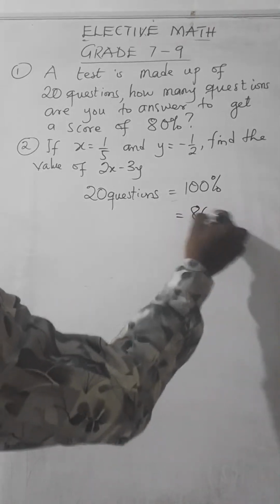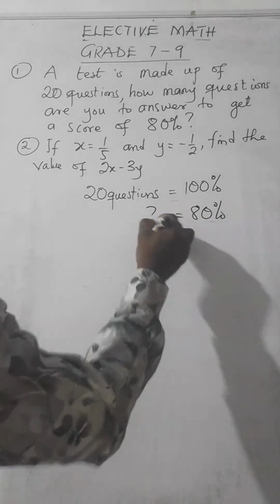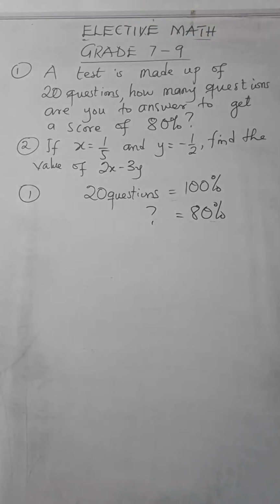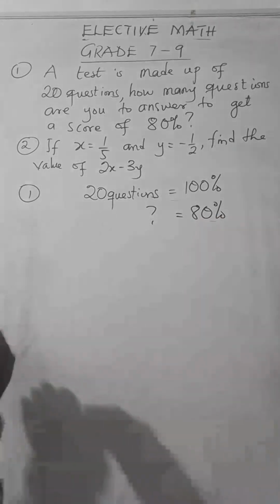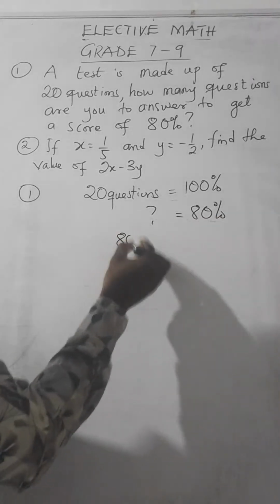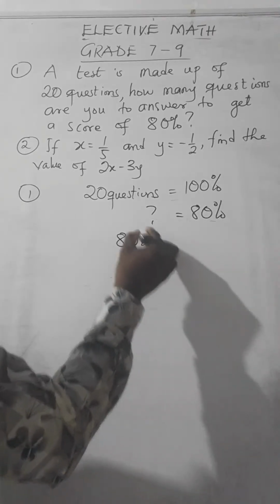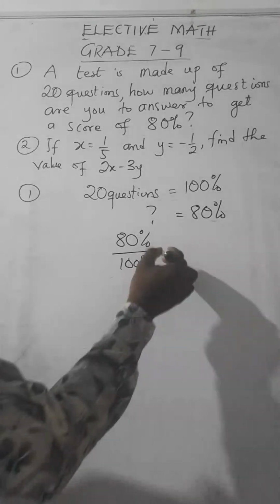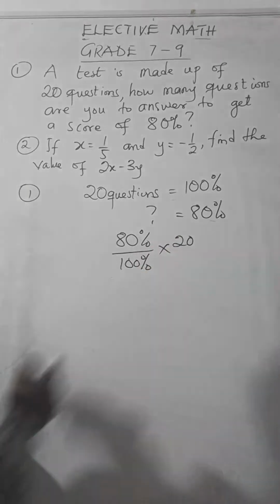So 80%, the equivalent number of questions. So obviously that will be less. That will require less. So if less, more divide, you have 80% on 100% times 20 questions.